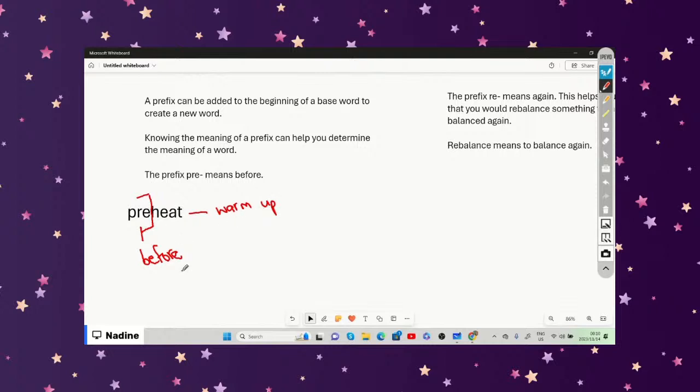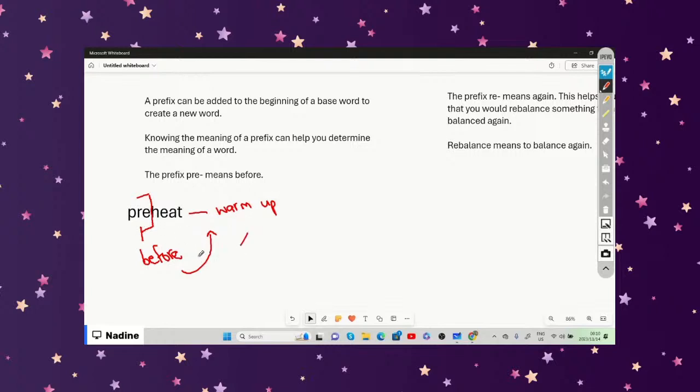So if you put these two words together, it means that you need to warm this up before. If we talk about preheat in baking, they mean before you put the cake in the oven, you first preheat your oven.